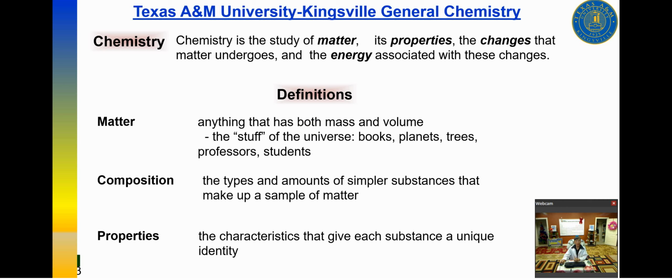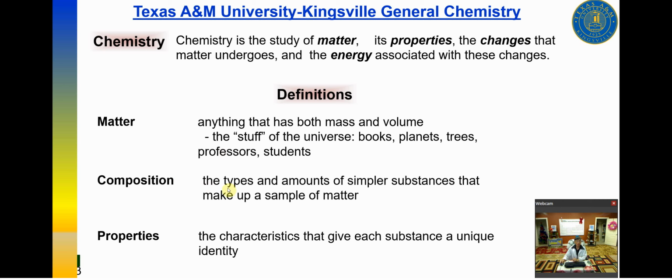Any stuff of the universe can be considered matter, such as your textbook, your cell phone, your tablet, your iPad, the tree outside, your desk, your classroom, including us, you and me, our students and faculty members.